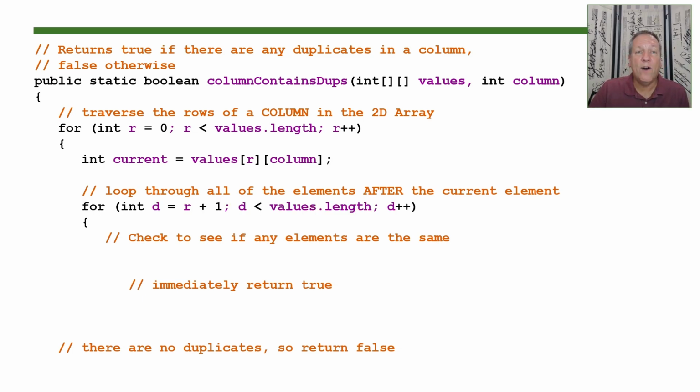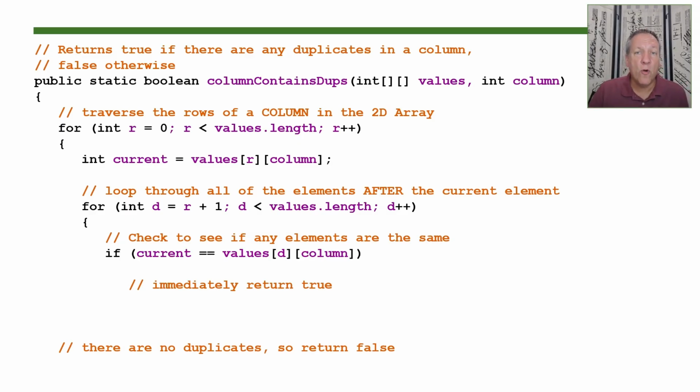So let's have another loop, but this one starts one after the current value of r. Notice we have d initialized to r plus 1. This allows us to have an index for all subsequent rows within the same column. And again, we'll continue our loop all the way to the last row using values.length again.